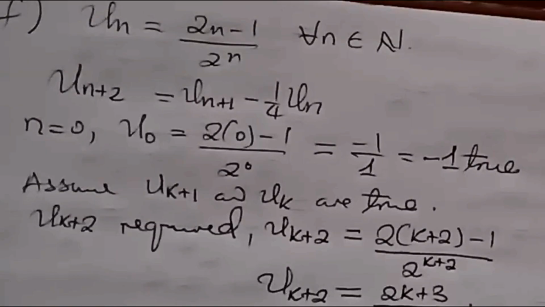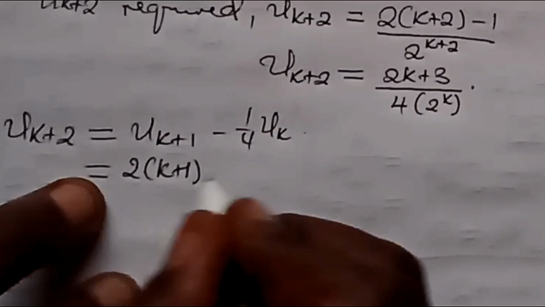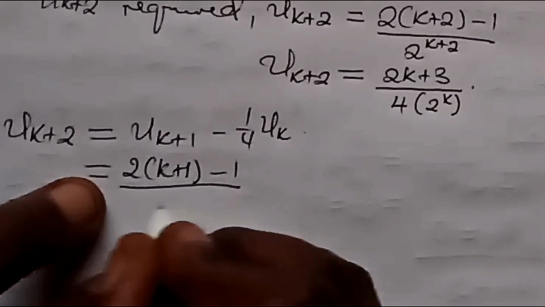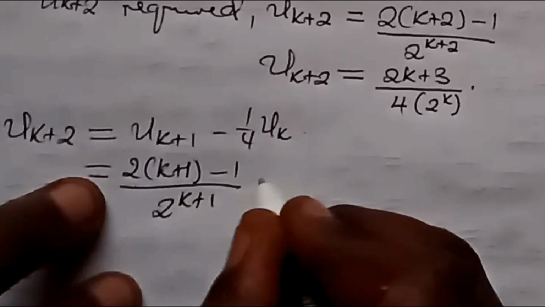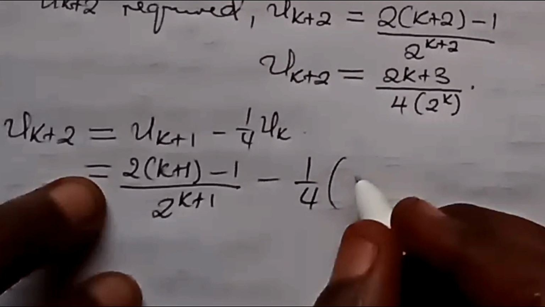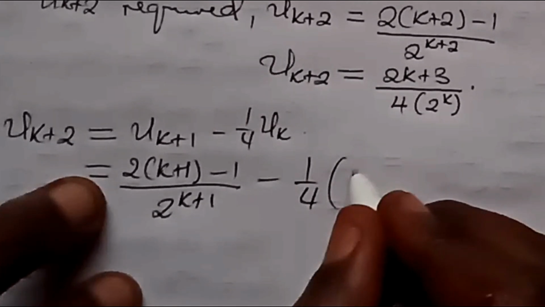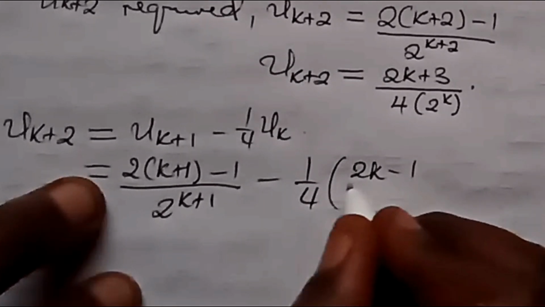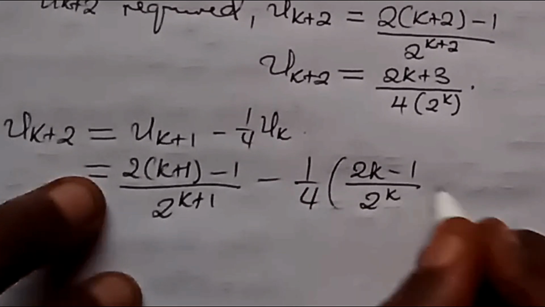So I get 2 into k plus 1 minus 1 all over 2 to the k plus 1 minus 1/4 uk. Replacing every n by k in un I get 2k minus 1 all over 2 to the k.